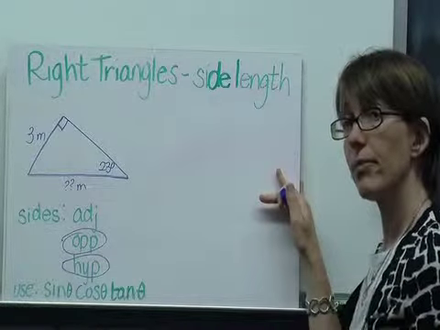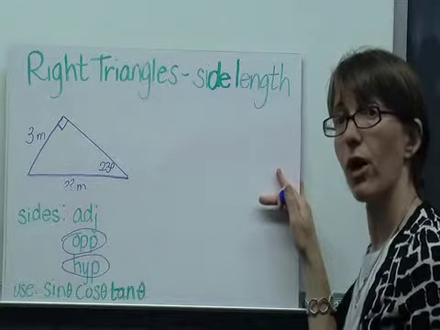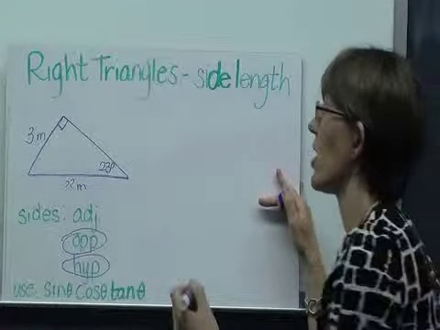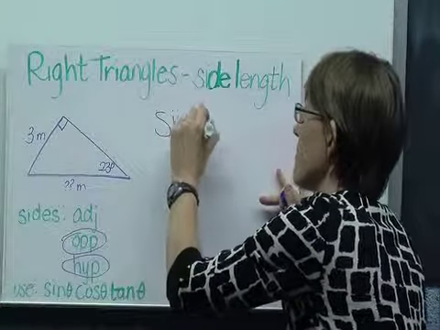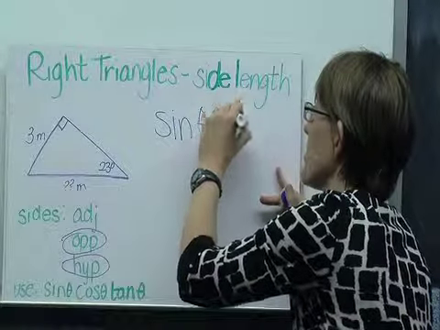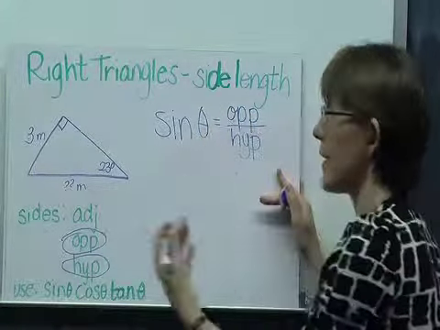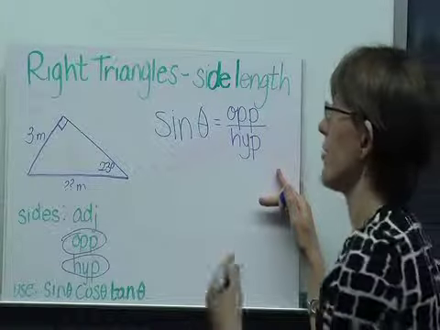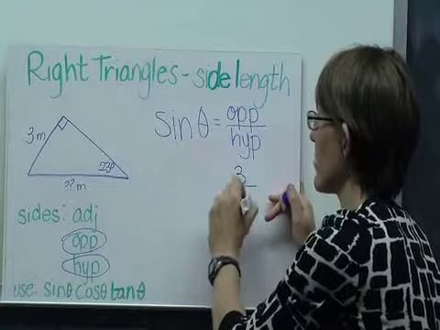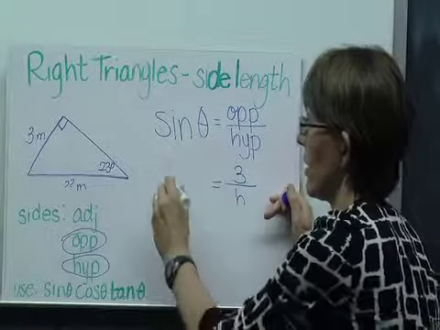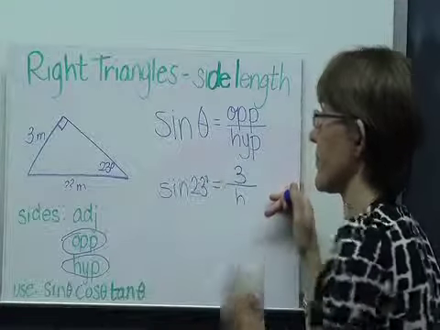So looking back, I could say, all right, that's a sine ratio, opposite over hypotenuse. So I'm just going to write down sine theta equals opposite over hypotenuse. And I'll fill in everything I know. I know that the opposite side is 3. I don't know the hypotenuse. And I know that theta is 23 degrees.